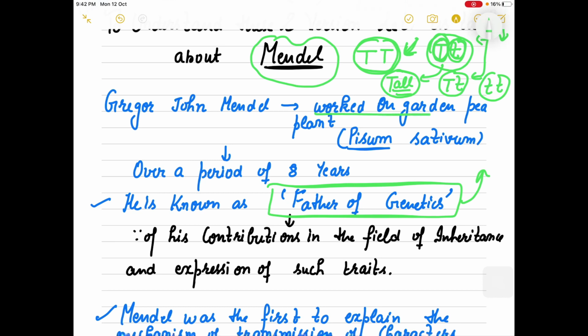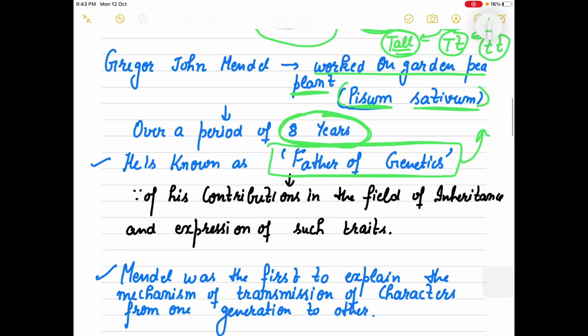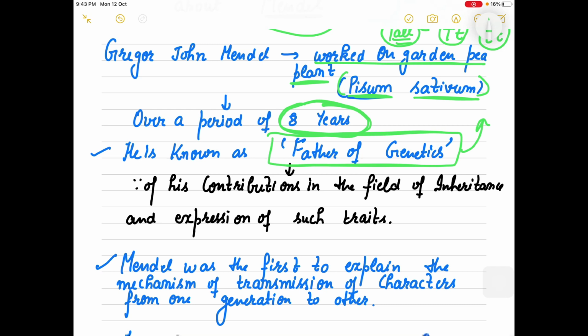He worked on the garden pea plant, whose scientific name is Pisum sativum, and he worked over a period of 8 years. He was the one who actually gave us the idea of how the mechanism of transmission of characters from one generation to another takes place.